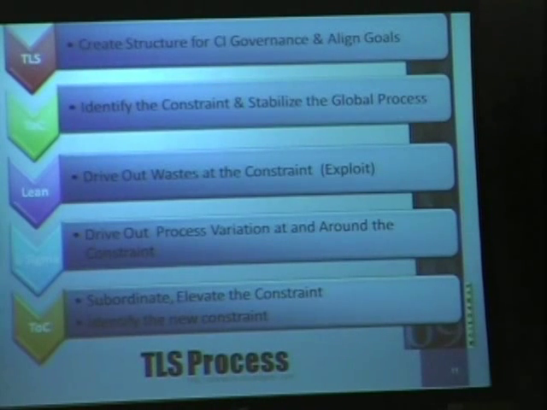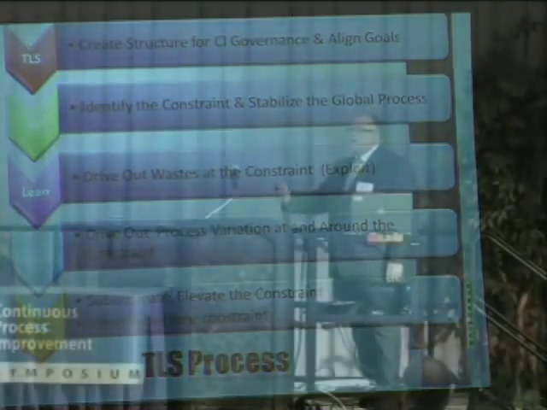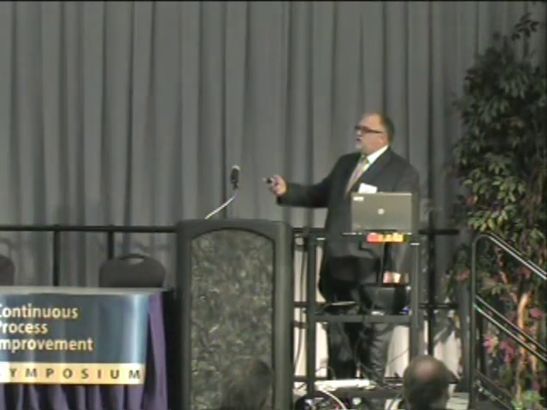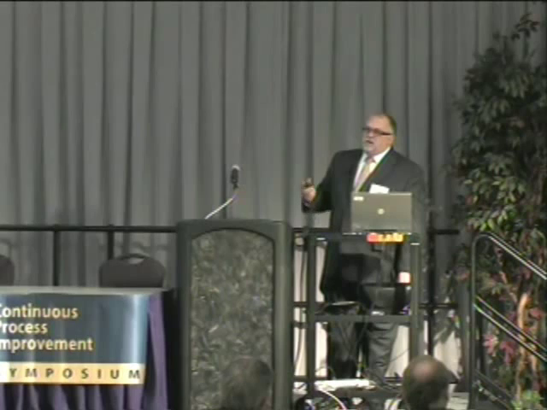Then we'll subordinate everything else and work to elevate the constraint and find that new constraint. So we end up with a process of continually focusing, continually improving, going on the red curve that Dr. Holt talked about.